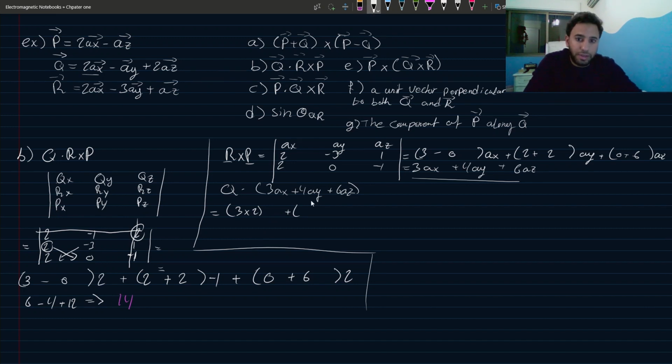There's no unit vectors. 4 multiplied by minus 1, plus 6 multiplied by 2, which is 12. 3 times 2 is 6, plus minus 4, plus 12, that will give us 14, which is the same answer as this.